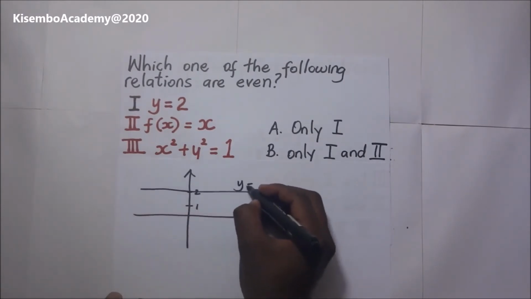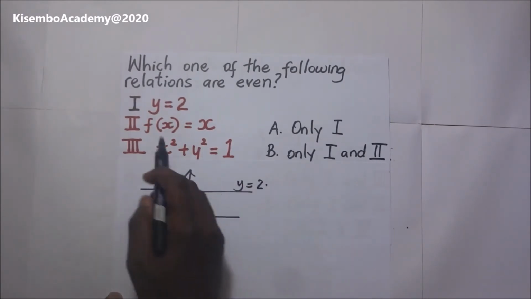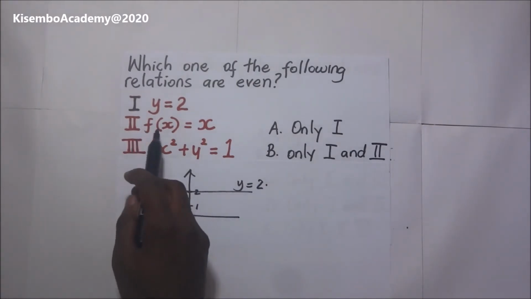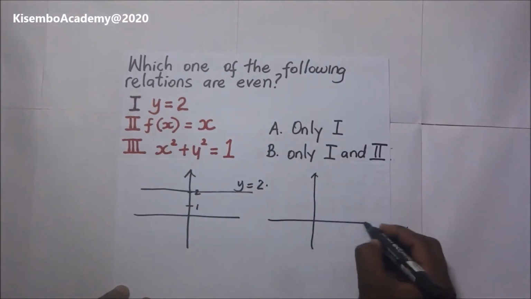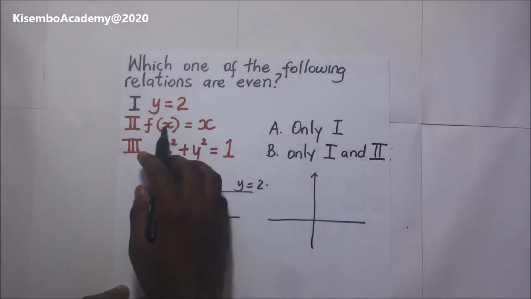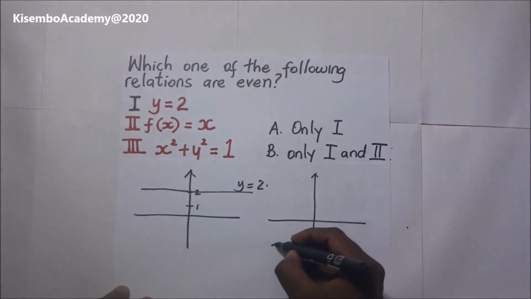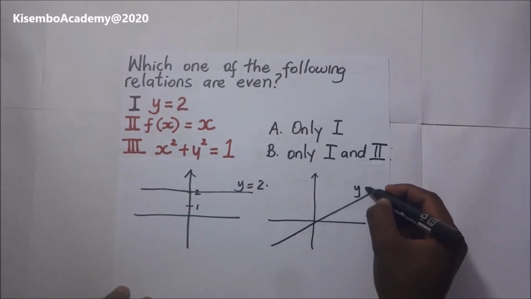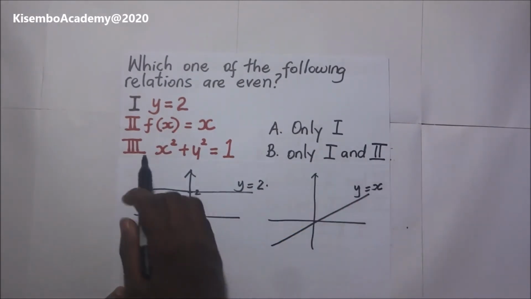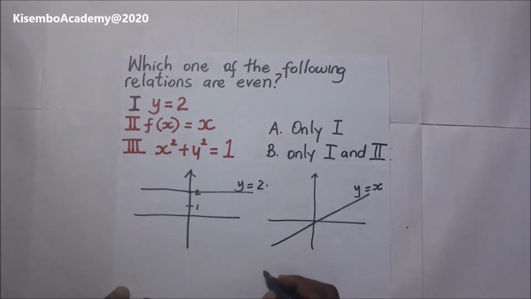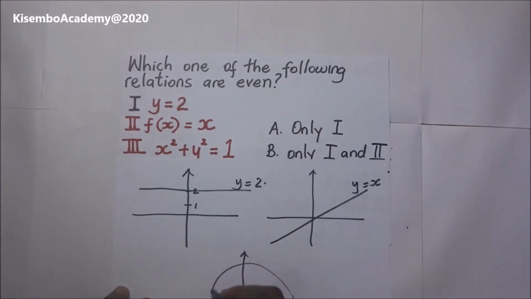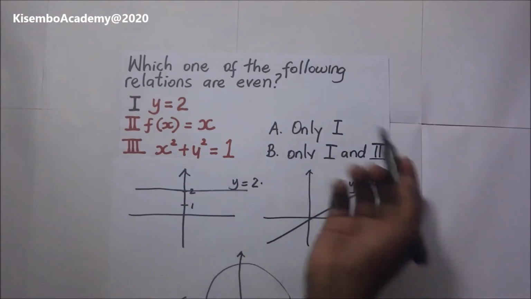Then f of x is equal to x, the graph y is equal to x, looks like that. And then Roman 3, x squared plus y squared is equal to 1, is the equation of a circle, so it's going to look like that. The question is, which one of these is even?